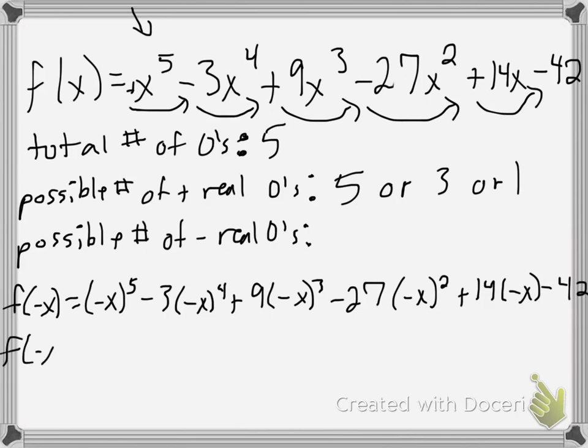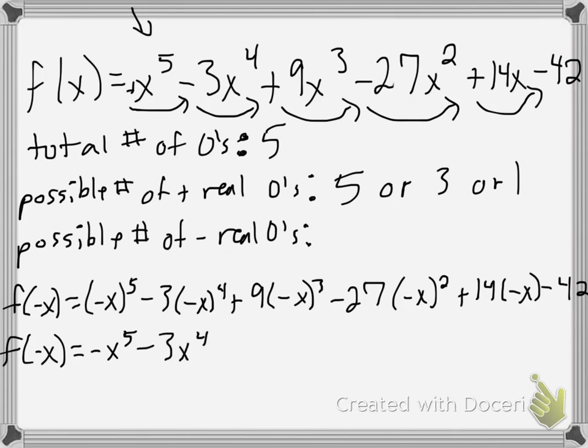So general rule of thumb, when you're plugging in a negative x, if it's raised to an odd power, then the sign is going to change in front of it from the original. So for negative x to the 5th, I'm going to get negative x to the 5th. Negative 3 times negative x to the 4th, that's raised to an even power, so that sign is just going to stay the same.